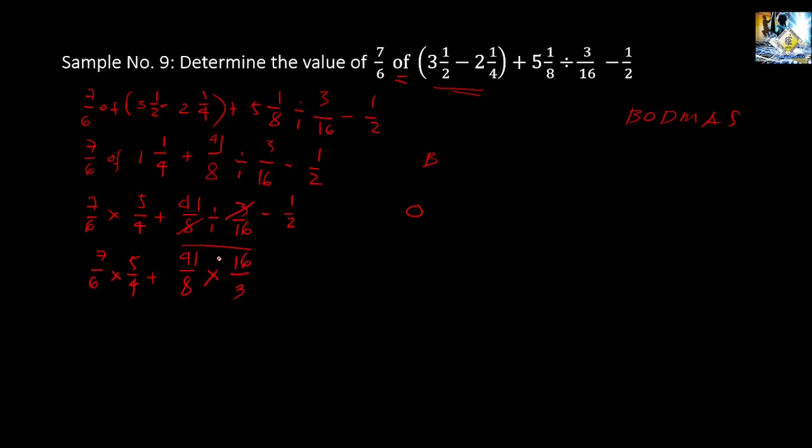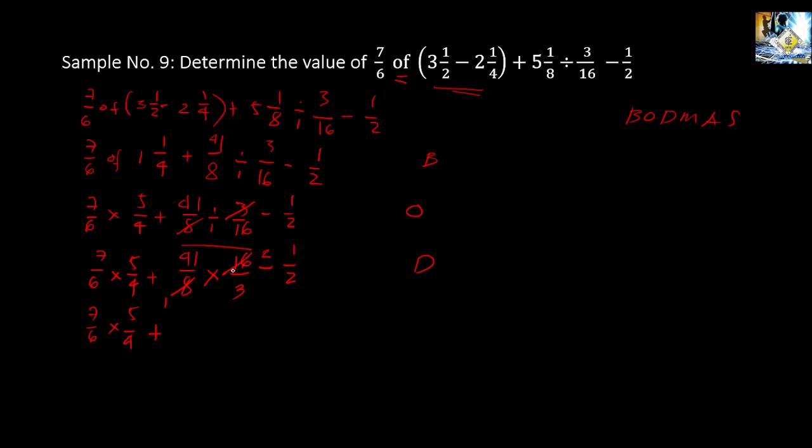We reciprocate first before we can proceed to our multiplication, our D. So, cancel out: 8 will become 1, and 16 will become 2.